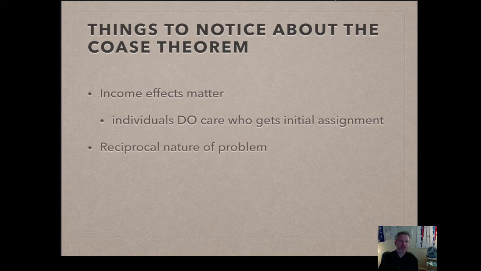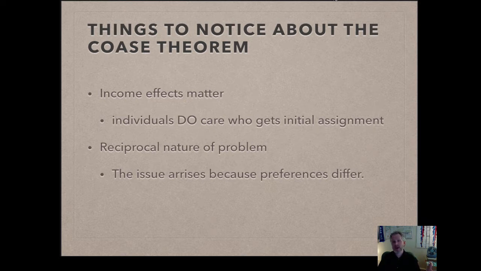All right. So also notice that this is a reciprocal problem. If both Dick and Jane liked dogs and didn't mind dogs barking, there is no issue here. All right. So just because the dog's barking doesn't mean there's an issue. The problem is if the dog is barking and one wants the dog and one wants the silence. So many problems have this state of the world where if me burning tires in my yard didn't bother my neighbors, if they love tire smoke, then there would be no real issue.